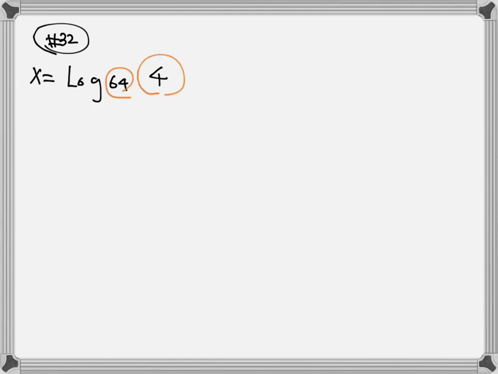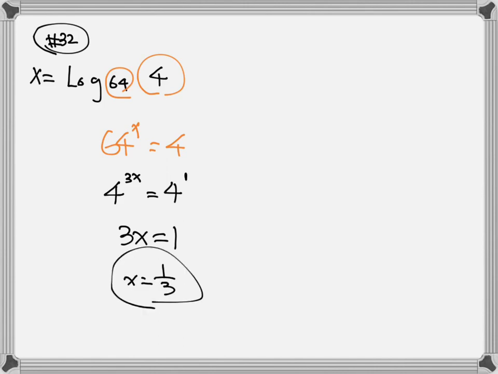So you set them equal to each other: 64 gives x to the 4. So change that to exponents: 4 to the third power. 64 will be 4 to the third power, keep the x equal to 4. After that, set the exponents equal to each other, so 3x is equal to 1. You don't see it, but that's a 1. Then x is equal to 1/3, and that's your answer.